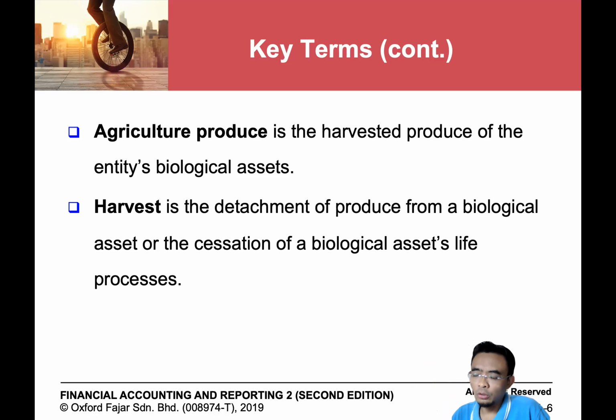Or sometimes the biological asset itself, we slaughter the cattle. We are not only harvesting the milk, but sometimes we slaughter the cattle to get the meat. So the slaughtering process refers to harvesting the biological asset itself.